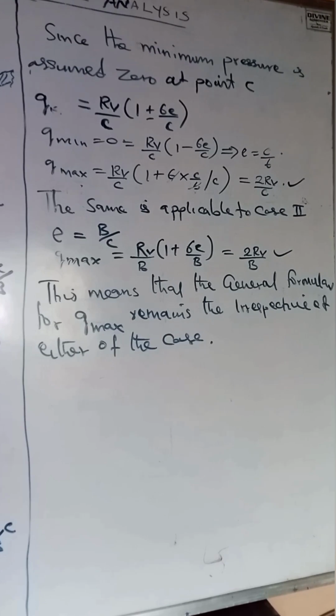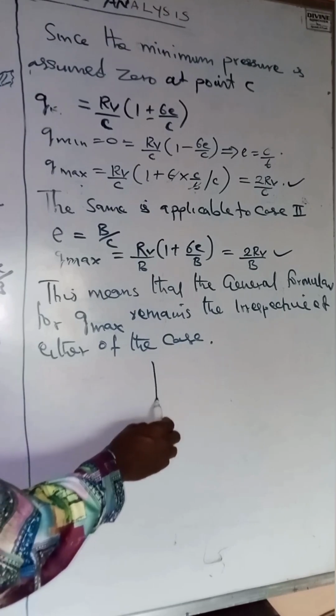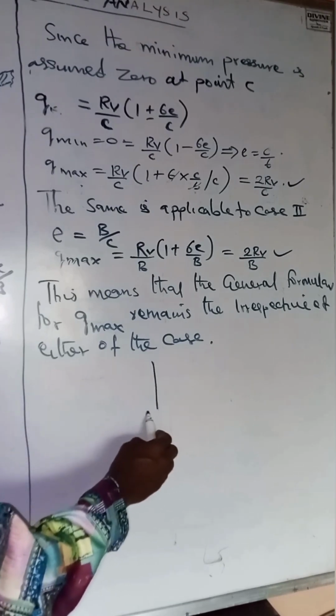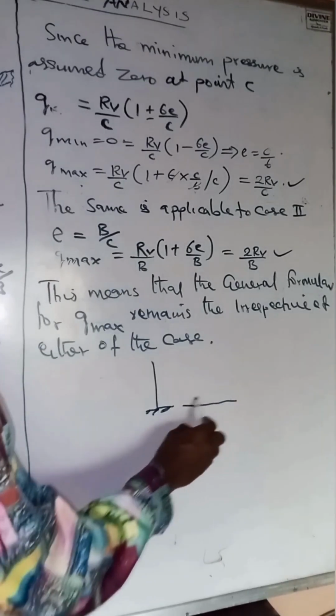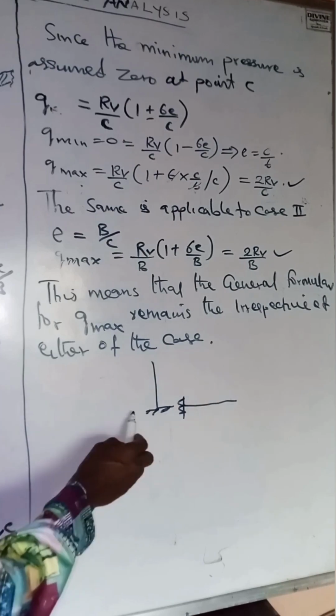All right, so the next we are going to look at is the design of the base. Talking about the design of the base, we're going to look at how to generate the moment and the shear for the heel of the retaining wall as well as the toe. We are going to idealize the retaining wall, I break it this way, like a cantilever we have here. This portion we're going to have the stem.